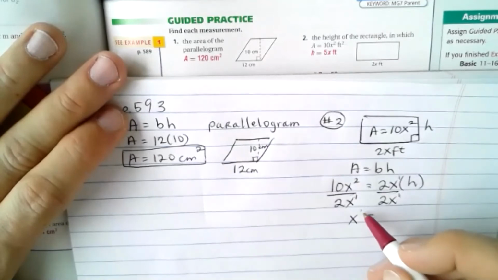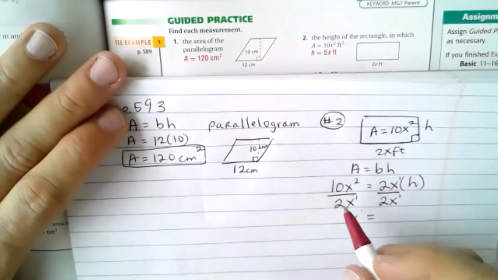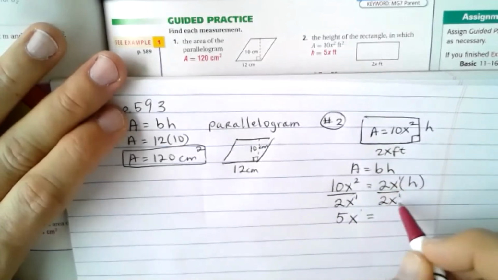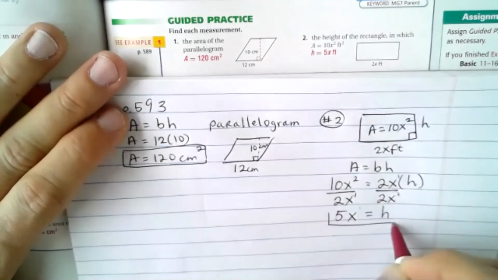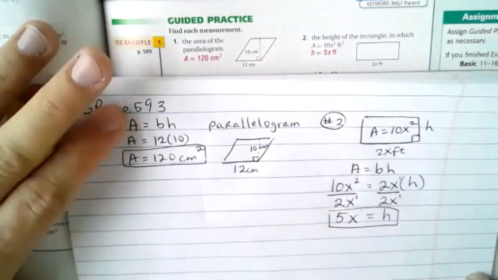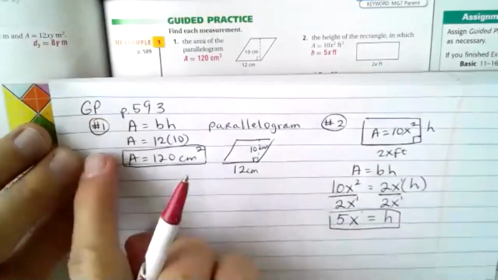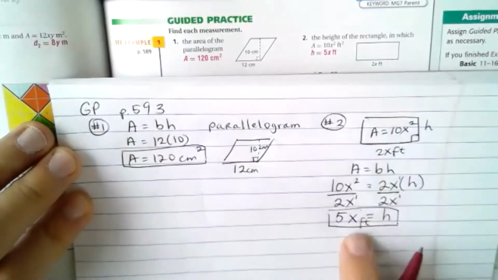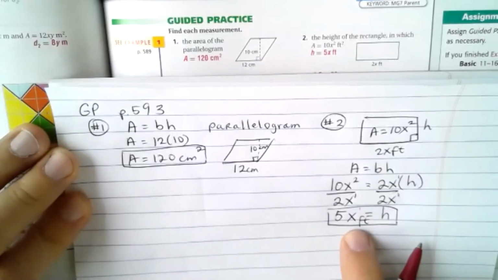You don't have to write that because it's understood. And 10 divided by 2 is 5. These cancel out, like we said, 2 divided by 2 and x divided by x. So we have h. So h is equal to 5x. All right, so that's 5x what though? That's 5x feet. So make sure you put the units there every time.